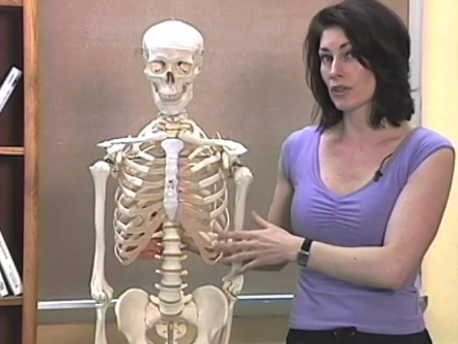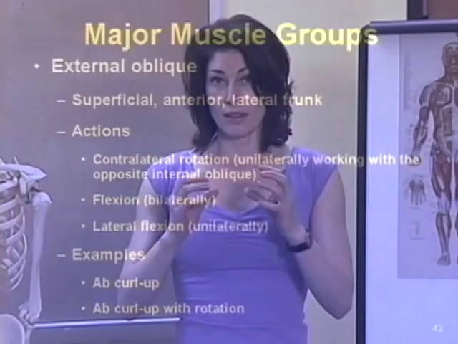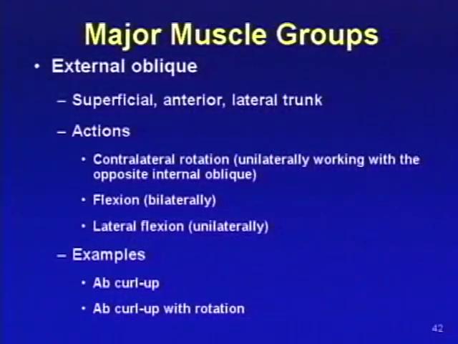It's also important to note that the internal obliques, which we'll talk about next, are also involved in helping the external obliques in their rotation. Examples of external oblique action include an abdominal curl-up, because remember, when both sides of the external obliques are contracting, they're also involved in forward spinal flexion, as well as an ab curl with rotation.